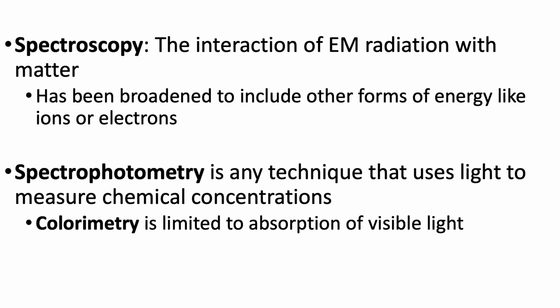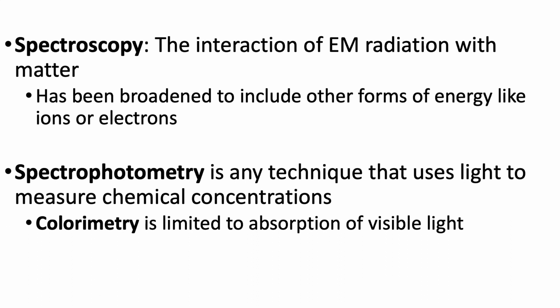Now, there's another term, spectrophotometry, which is a little more specific. In this case, it's got to be just light, but it's used to measure chemical concentrations. So this is using Beer's law. Depending on how much light is absorbed, that's how much material there is.